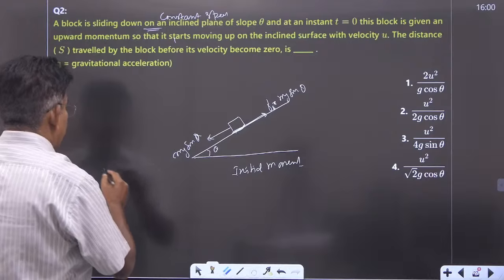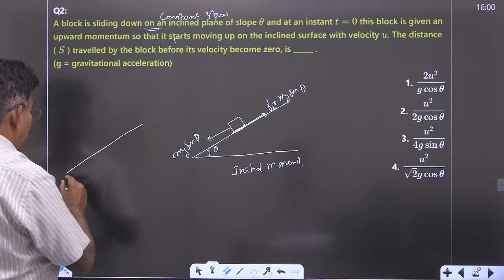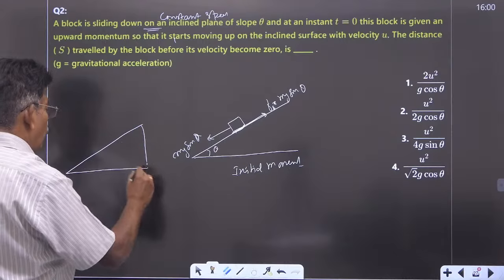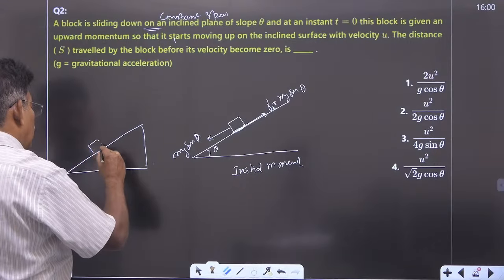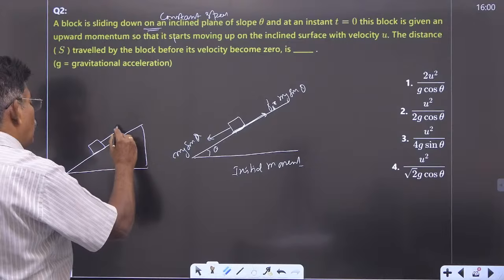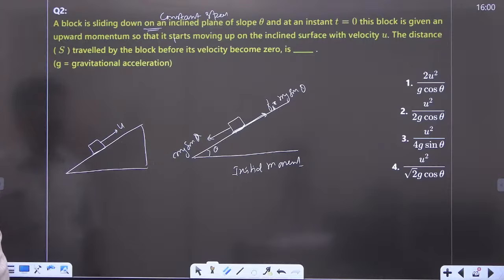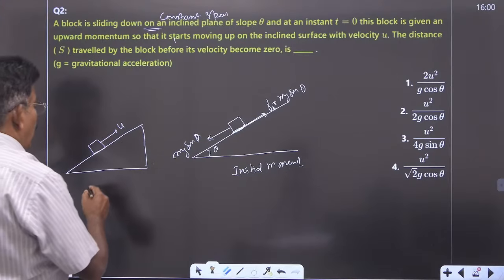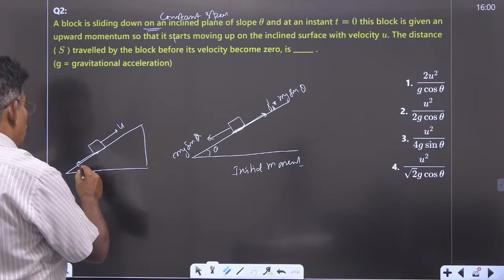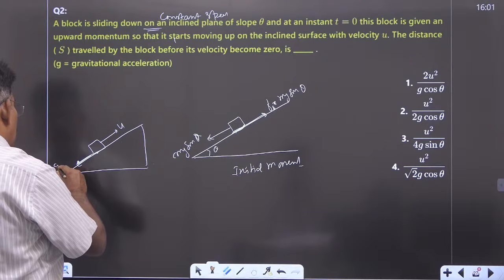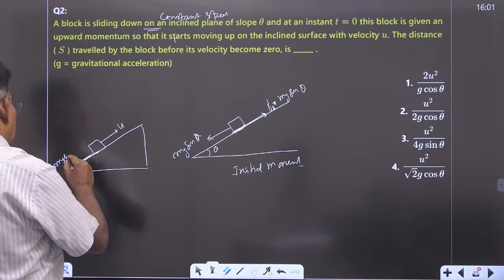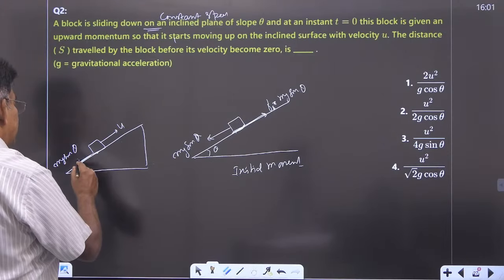Now, second stage, we are given a velocity u, so that the block starts going up with velocity u. Whether it is going up or down, there will be mg sine theta down.